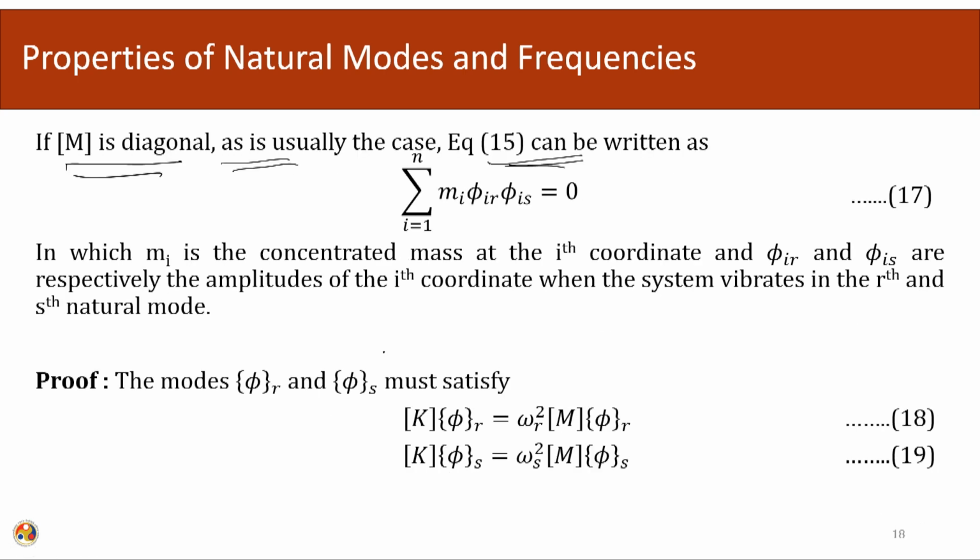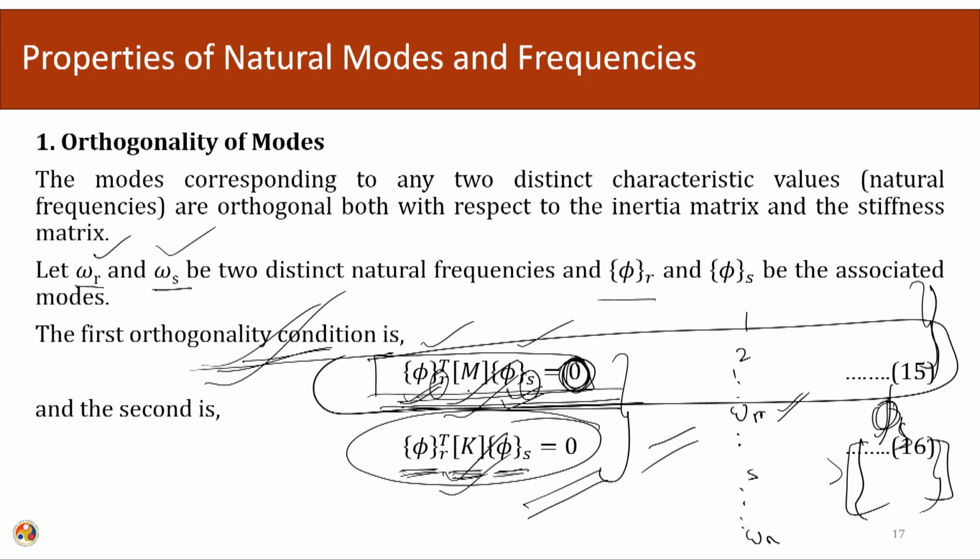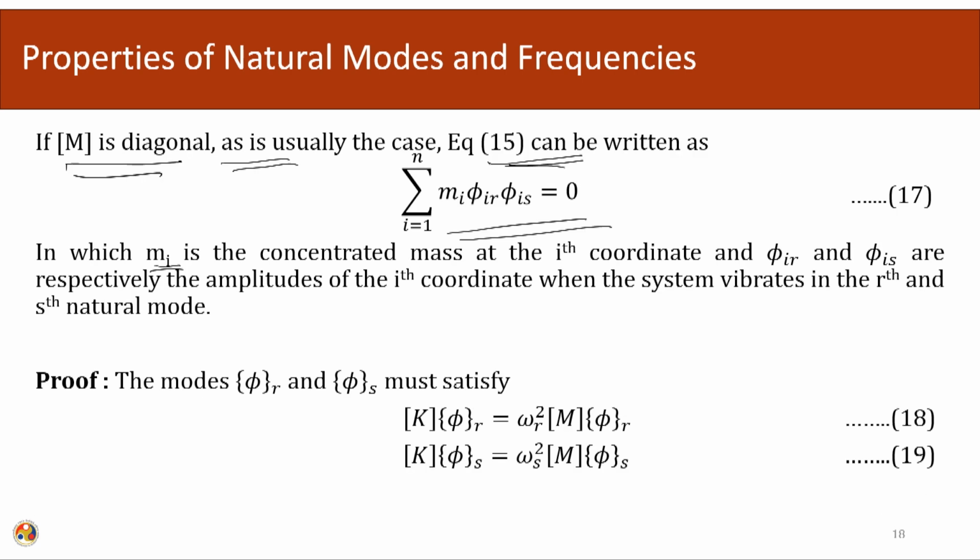This can be written in this particular form, in which Mi is the concentrated mass. Since only the diagonal terms are present and the non-diagonal terms are 0, we are writing the diagonal terms, in which Mi is the concentrated mass at the ith coordinate.